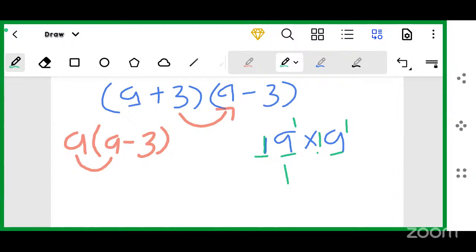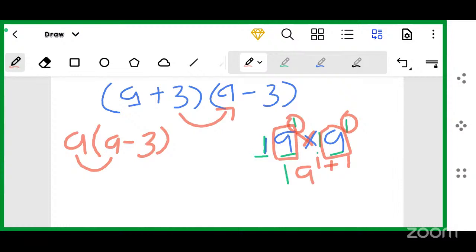There is a rule that says when you are multiplying the same bases, you add the exponents, meaning you're going to have 1 plus 1. Are you okay with that part? Yes, ma'am, I'm okay with that part.